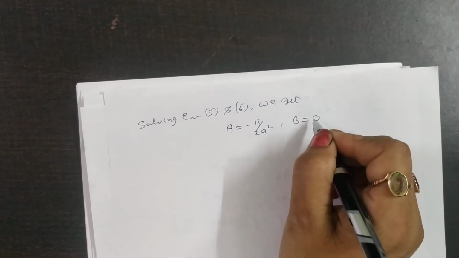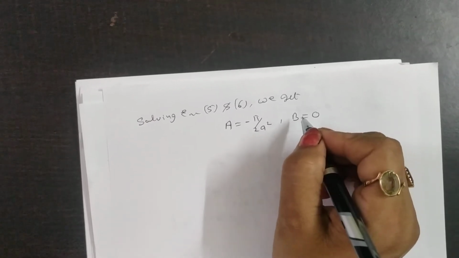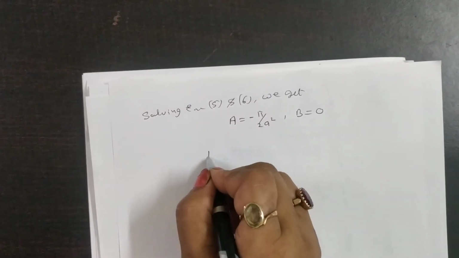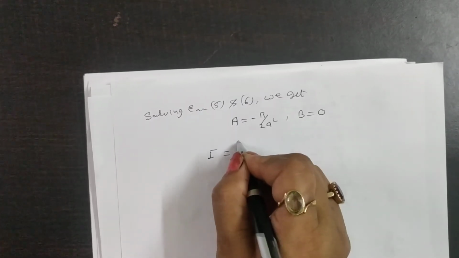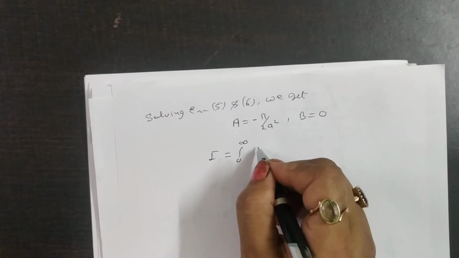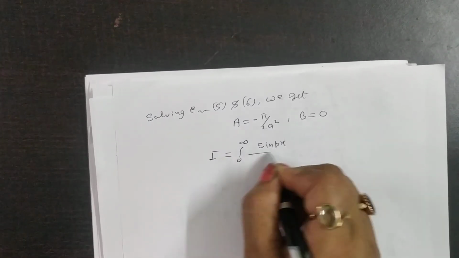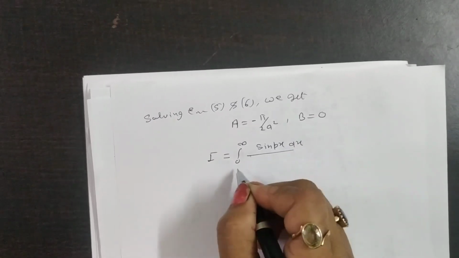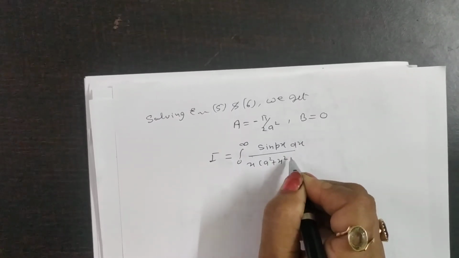So substituting in the equation of I, I is equal to the integral from 0 to infinity of sin px dx divided by x times a square plus x square.